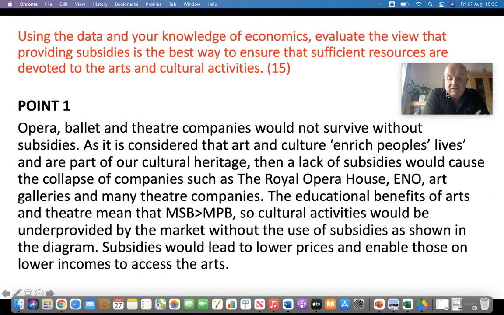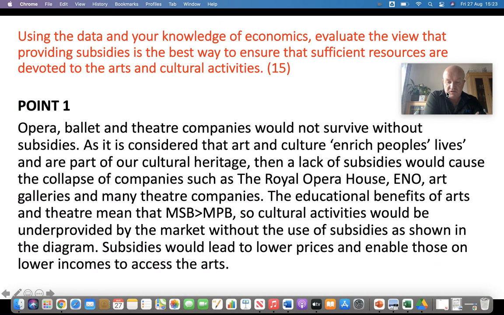So, as a result, the educational benefits of arts and theatre mean that the marginal social benefit outweighs the marginal production benefit, and as a result, the cultural activities would be underprovided because the market wouldn't actually provide them without the use of those subsidies in the first instance.